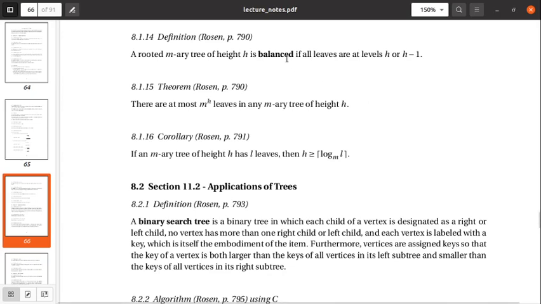And so this is indicative of a sequential filling of a tree. If we have a binary tree or a ternary tree or whatever, it just says that we essentially go left to right and assign them until we have a full level. So if it's a ternary tree, then each internal vertex can have 3 children.